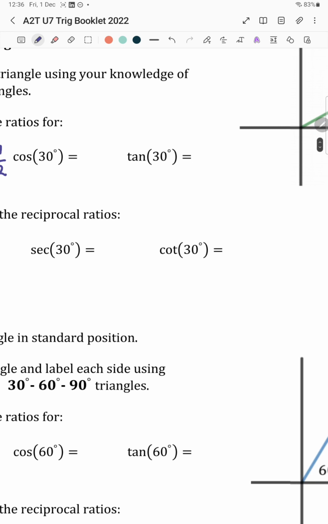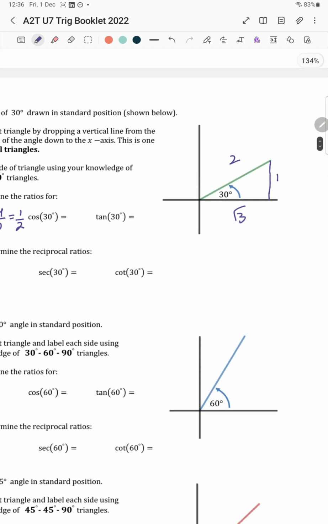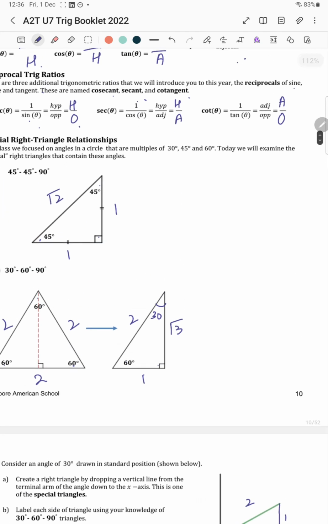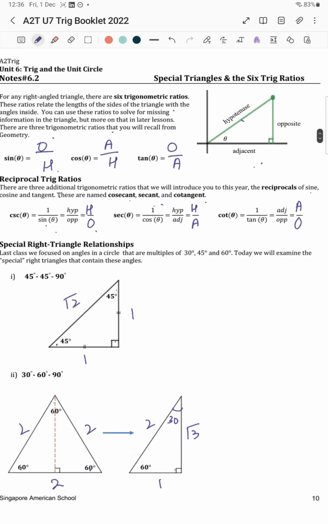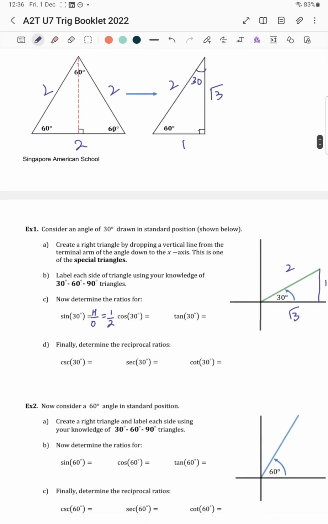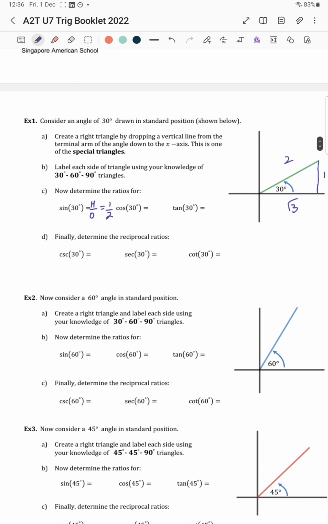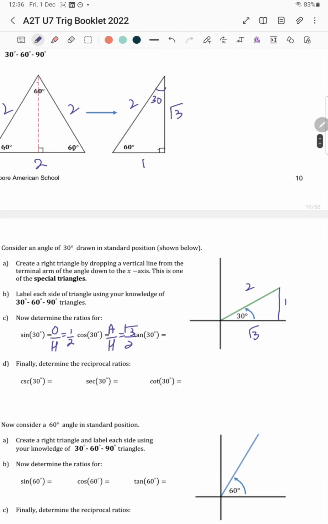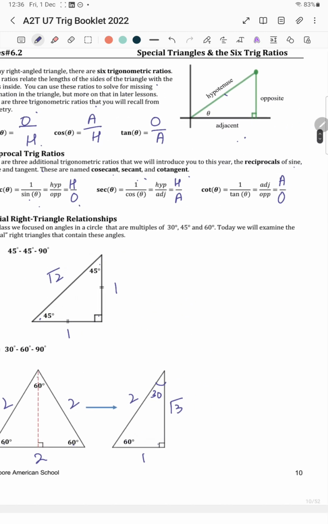Cos theta is equal to a over h, so it is square root 3 by 2, and tan 30 would be equal to o over a.